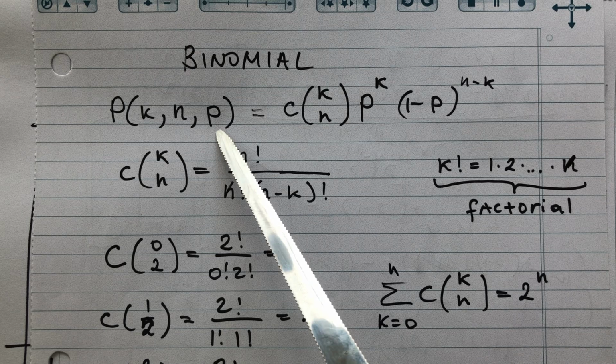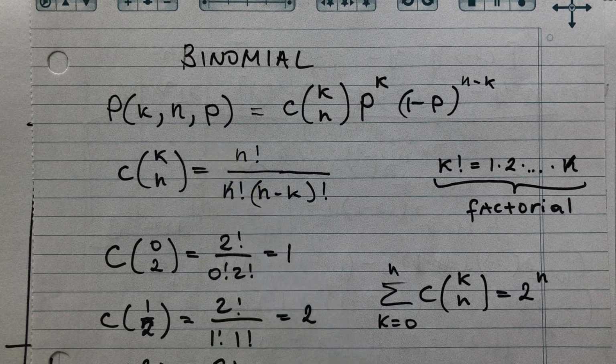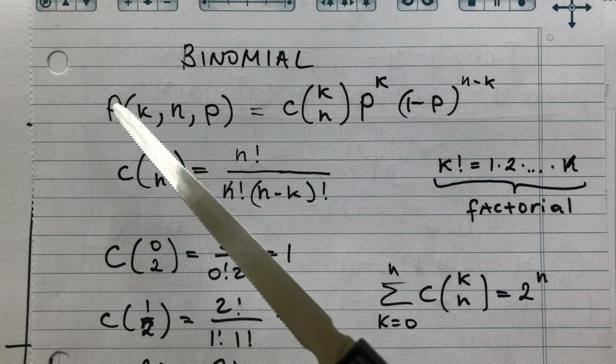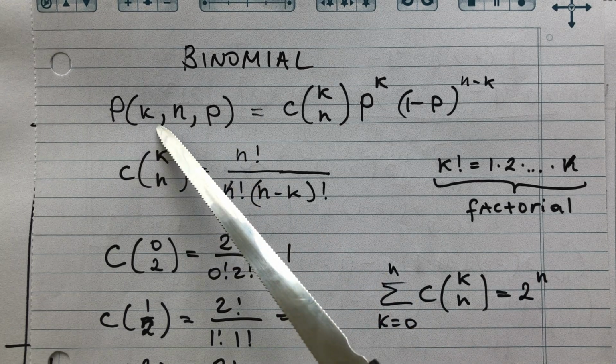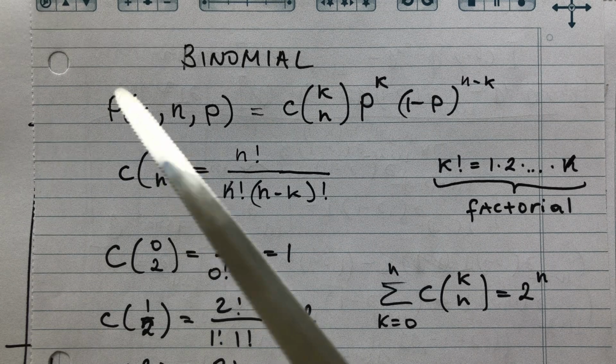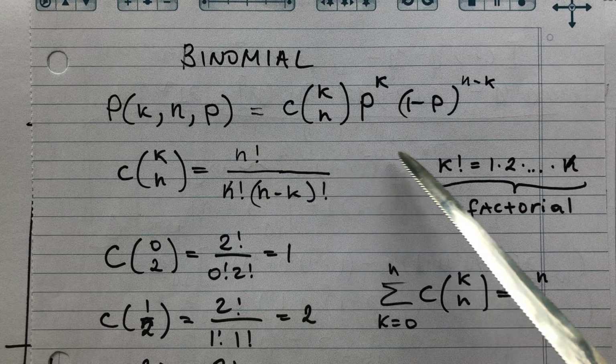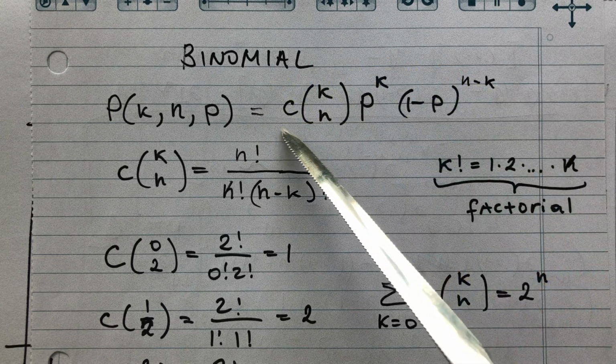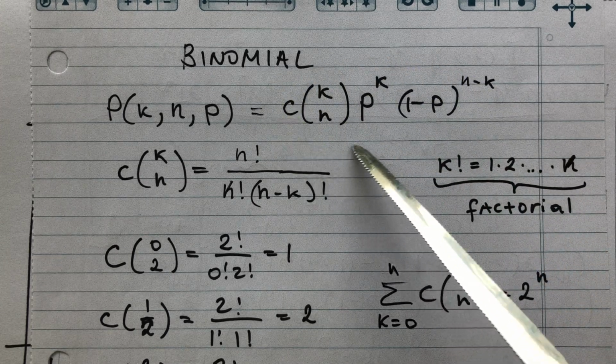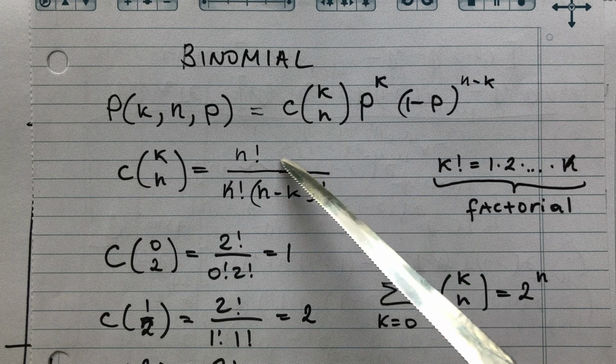P would be the probability parameter of each Bernoulli trial. So this probability of k outcomes is equal to the following equation, where the first term is a binomial coefficient.